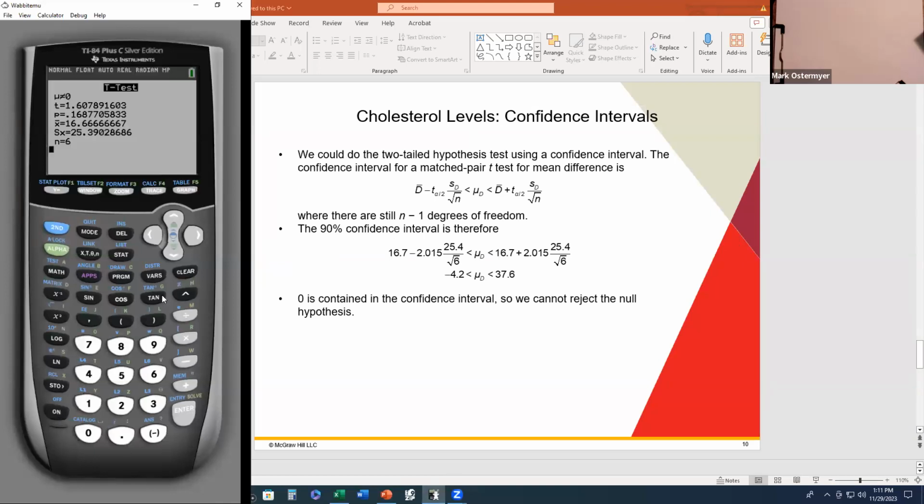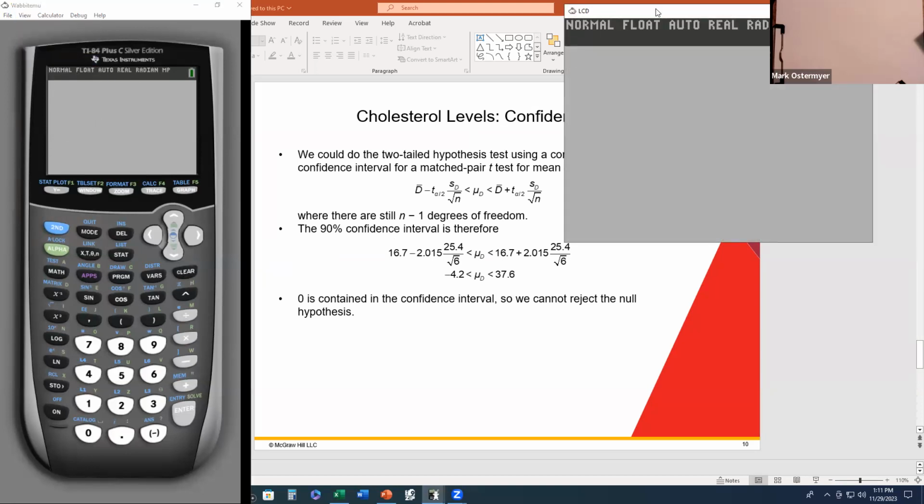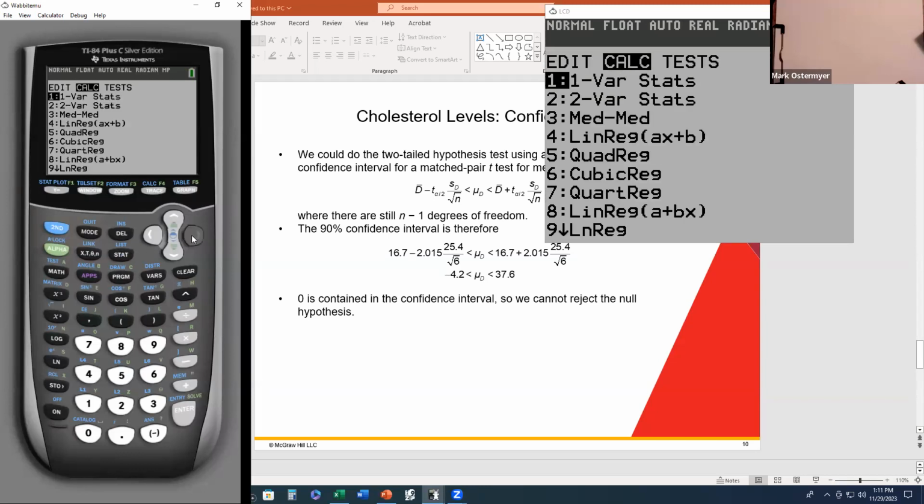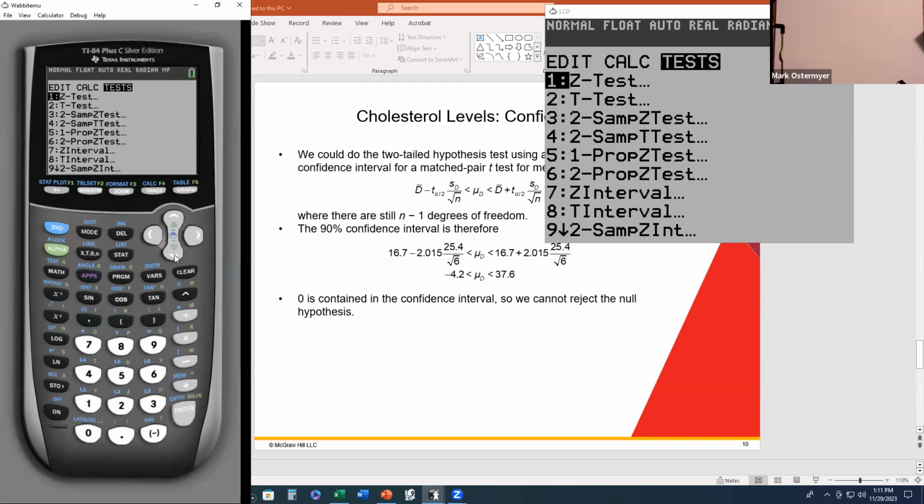And unlike in section 9.3, we might be able to use our calculator to compute these confidence intervals here. So we'll go to stat tests, and it's not the t-test, but it would be the t-interval. The t-interval. We'll build this confidence interval here.